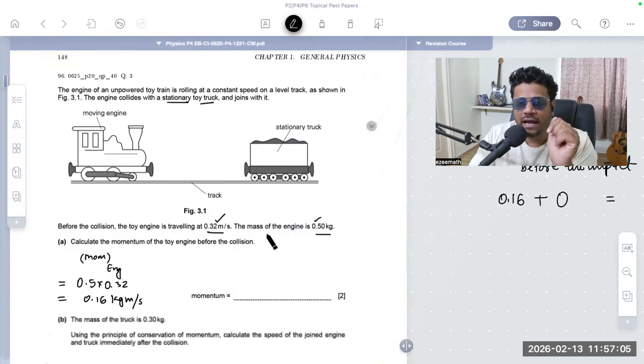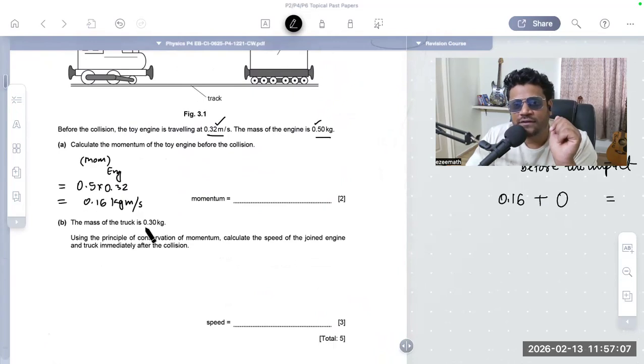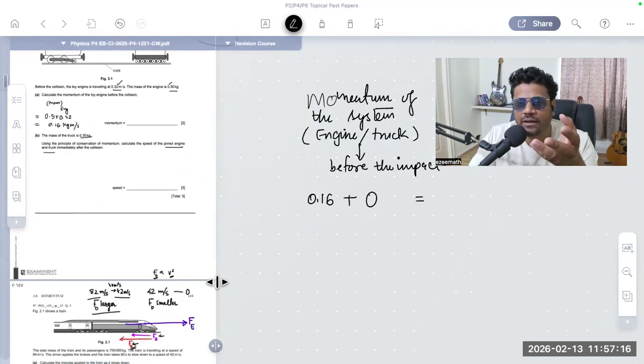And let's see if they ask for it. The mass of the truck is 0.3. Use conservation of momentum to calculate the speed of the joined engine and truck. So you know that they have stuck together after the impact.